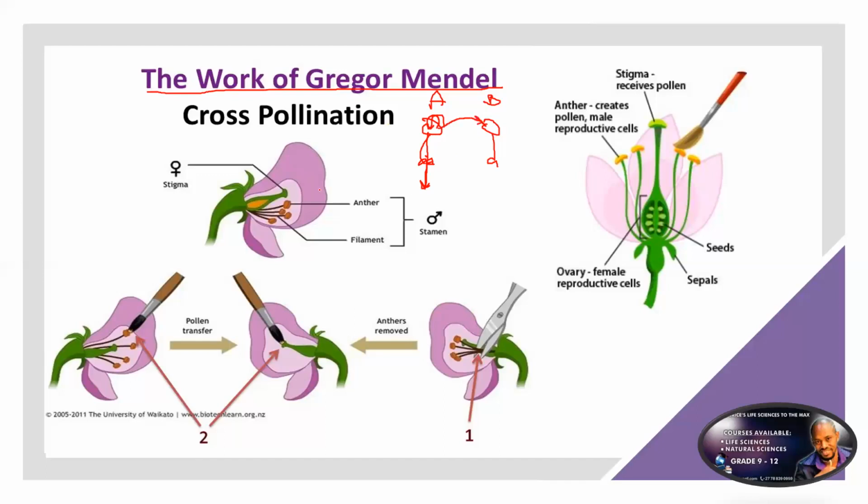And for him to achieve that, if you notice, a flower on its own has more or less everything that it needs for pollination. It has the anther, which will supply the pollen grains. It has the stigma, which has to receive the pollen grains. So if he had to keep a flower the way it is, then it won't necessarily work. So what Mendel had to do was, he had first to get one flower, he had to cut, you see here, he's cutting out the anthers of the flower.